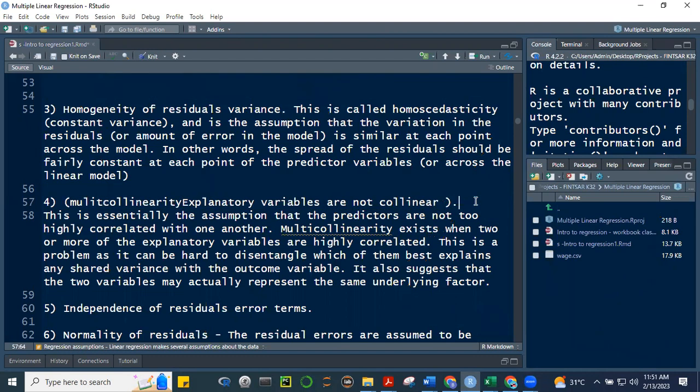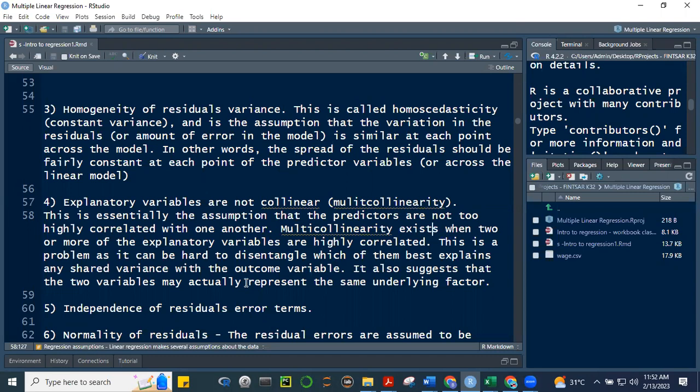And this may be a problem. This is the assumption that predictors are not too highly correlated with one another. Multicollinearity exists when two or more of the explanatory variables are highly correlated. This is a problem because it will be hard to disentangle.